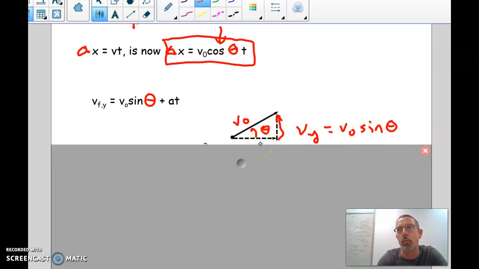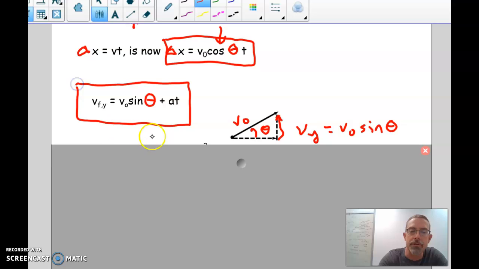But because the y component of velocity undergoes an acceleration, we said before that my final velocity in the y direction equals vi plus at. Where a is the acceleration due to gravity, so you could say gt. But now we've got to say V0 sine theta plus at. New toolbox equation. It's really the same one. We're just incorporating this idea, that sine of theta, because it's this opposite leg of this hypotenuse that's going to be that vector component.